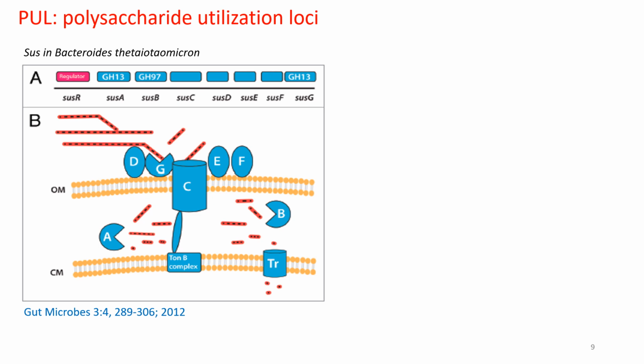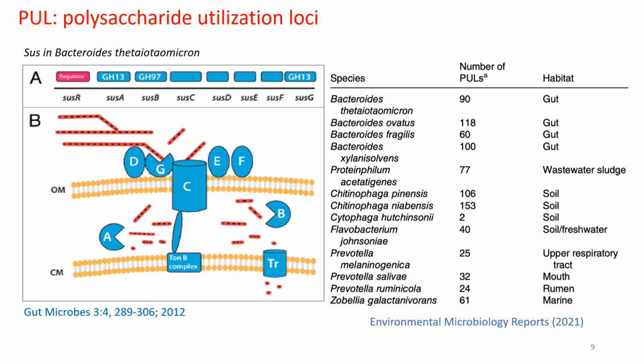Since 2005, hundreds of PULs have been described in the literature, while most of them are characterized in gram-negative bacteria. In 2016, PULs were also found in gram-positive bacteria.